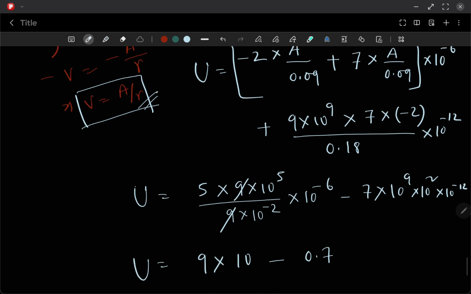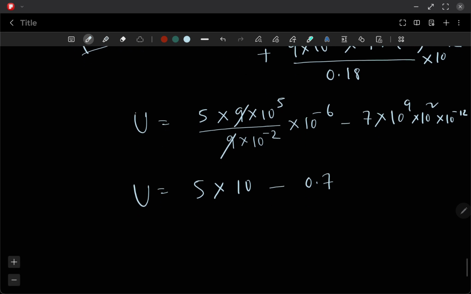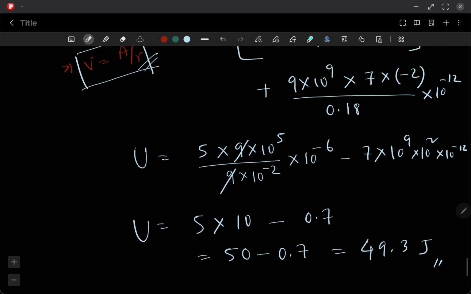So 9 and 9 are gone, and it will be 5 into 10 minus 0.7. That is 50 minus 0.7, so it will come out to be 49.3 joule. Okay, so this one is the problem.